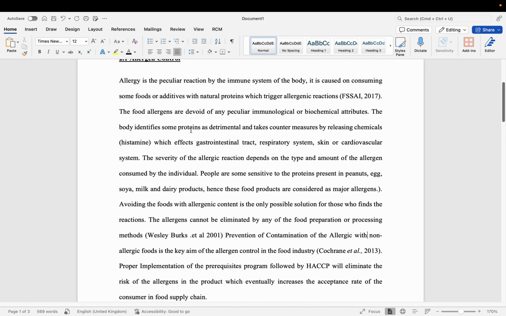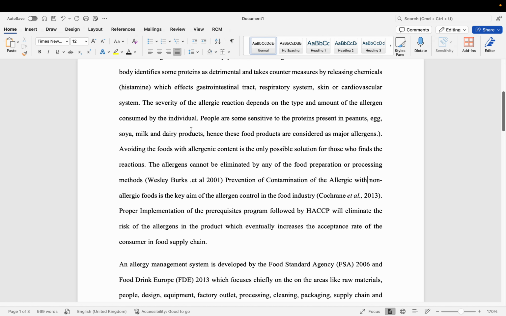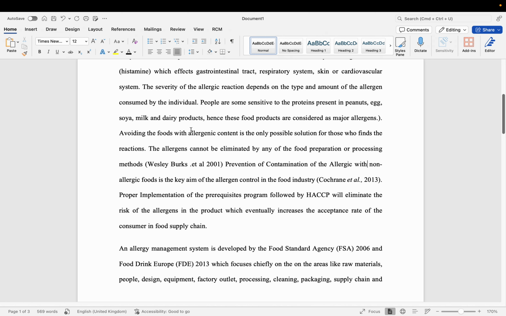The body identifies some proteins as detrimental and takes countermeasures by releasing chemicals like histamine, which would affect body parts like the gastrointestinal tract, respiratory system, skin, or cardiovascular system. The severity of the allergic reactions depends on the type and the amount of allergen consumed by the individual. People are very sensitive to the proteins, particularly people who have allergies.